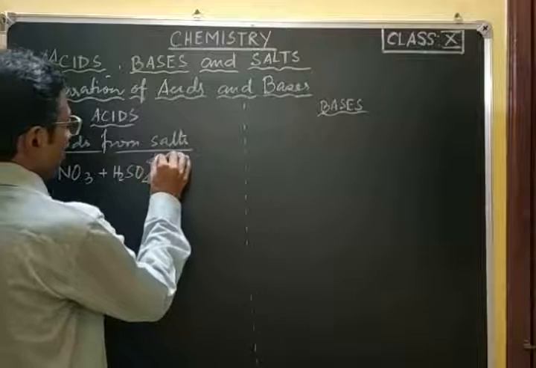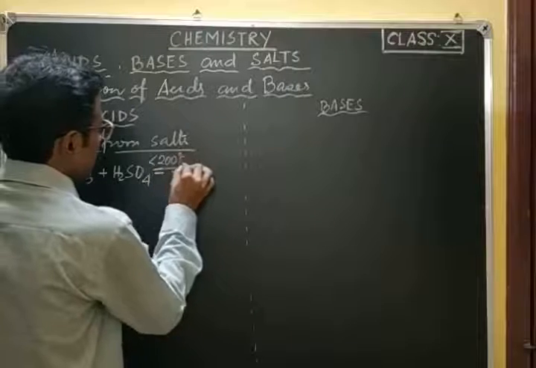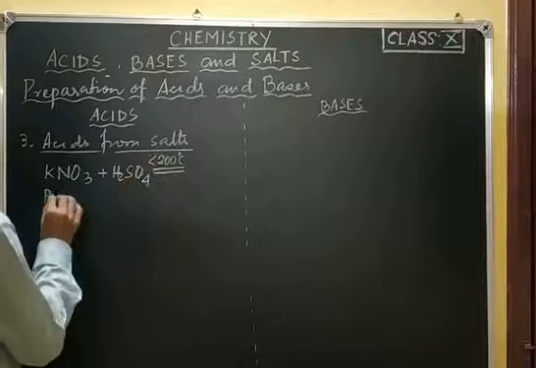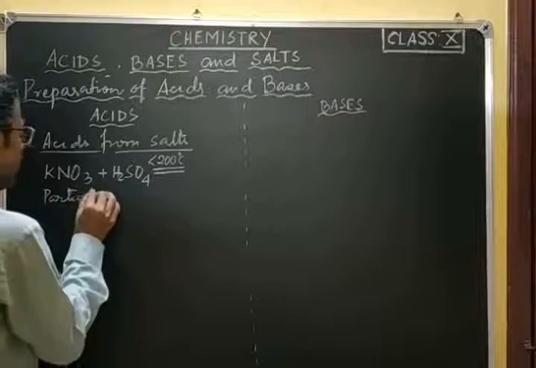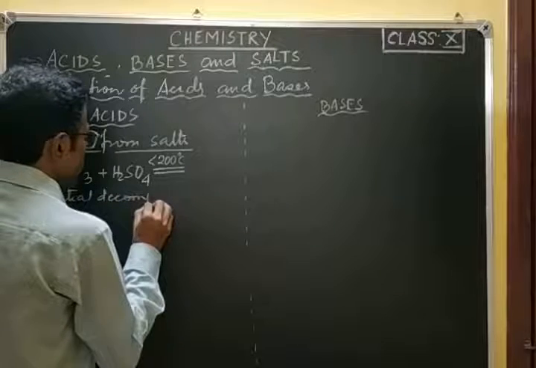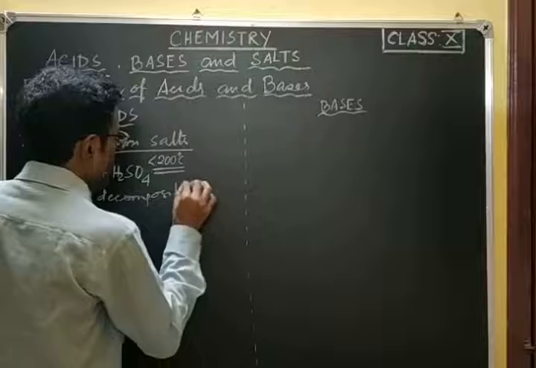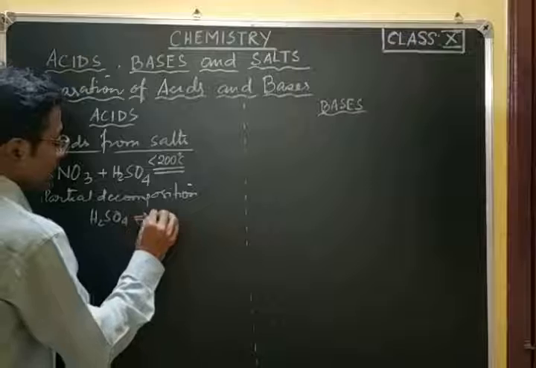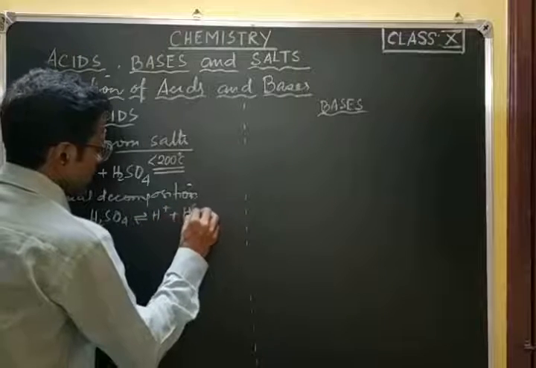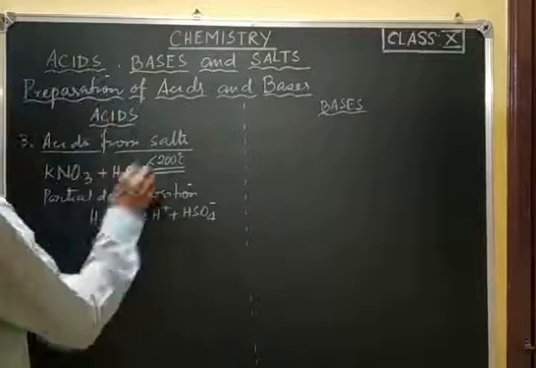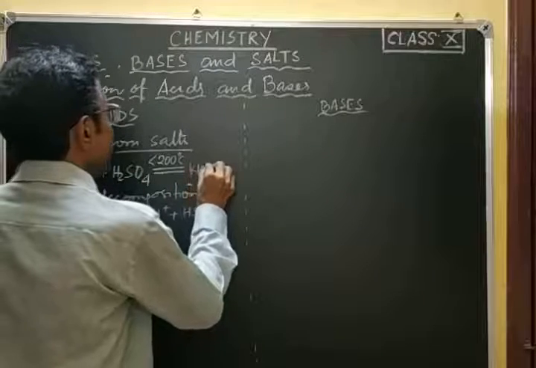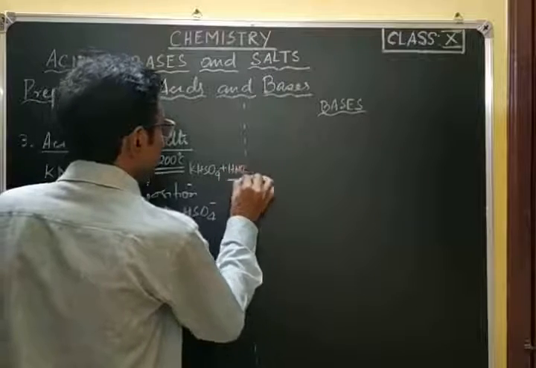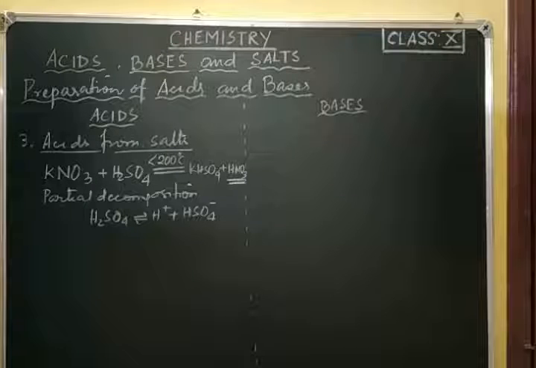If the reaction takes place below 200 degrees Celsius, then partial decomposition takes place. So we all know that H2SO4 is a dibasic acid, but here it dissociates below 200 degrees Celsius like this, H plus HSO4 minus. So here the product is KHSO4, potassium bisulfate, plus HNO3, nitric acid, which can be obtained by this reaction.